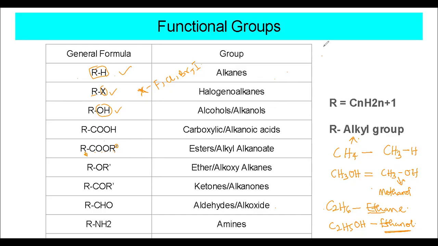So let's see an example. I can have CH3COOCH3. Now I want to name this ester using the systematic name alkyl alkanoate. So how do I name that? I'll start the naming from the very first one. What will you call this alkyl group? This is methyl, right?